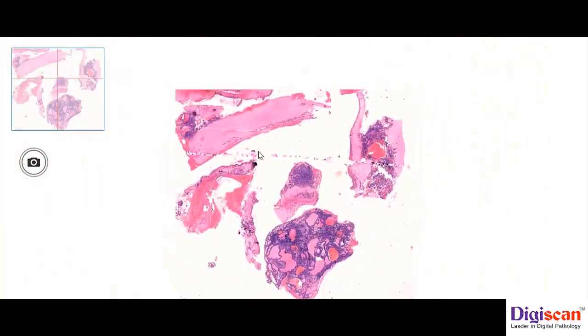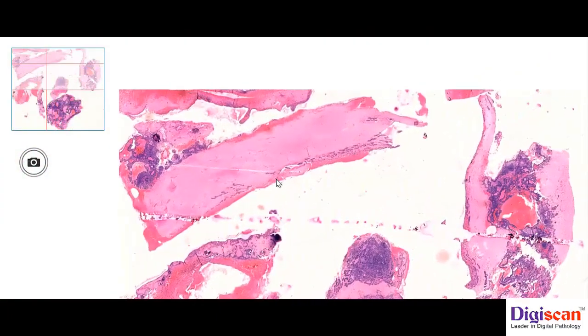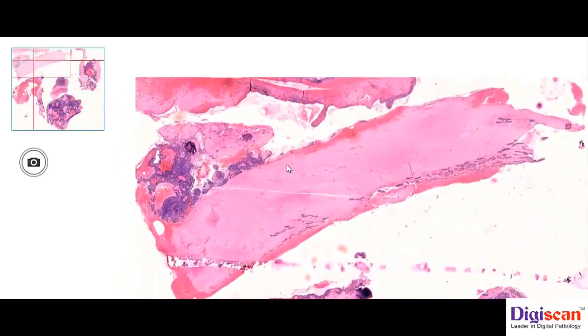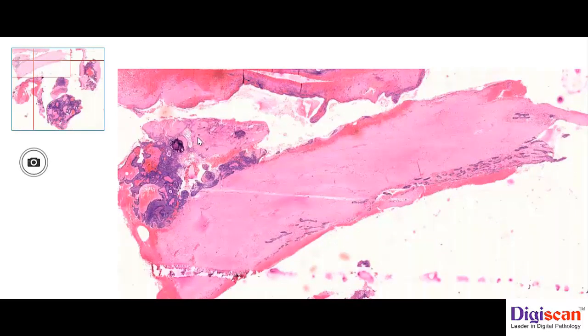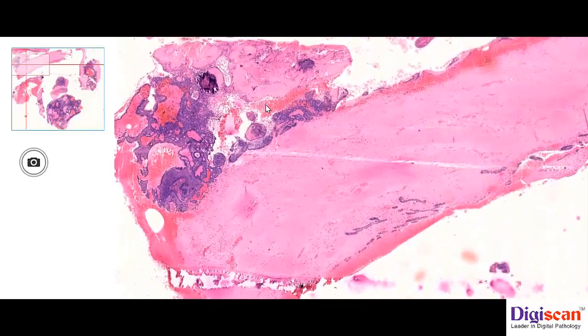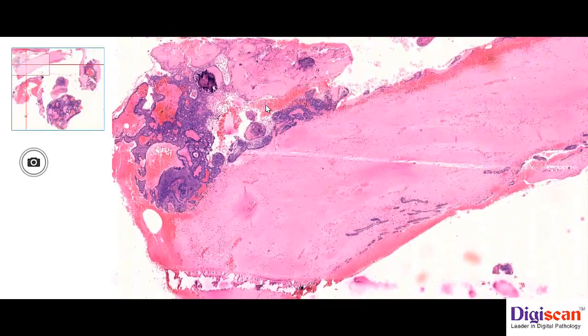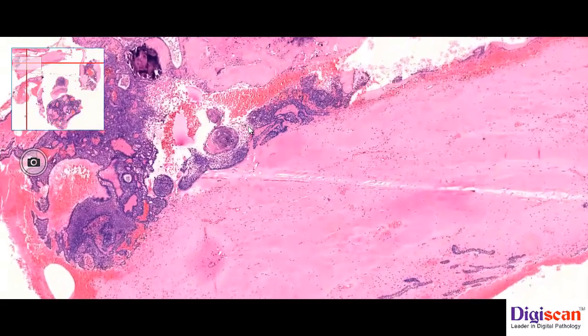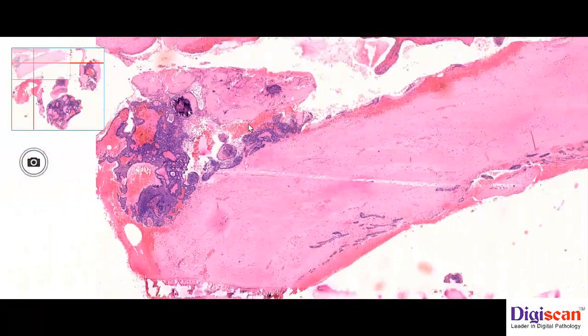Based on these features, a diagnosis of dentinogenic ghost cell tumor was made in this case. But this is one of the peculiar cases where the ameloblastic epithelium is more, and it can be confused with ameloblastoma if one misses the presence of ghost cells.